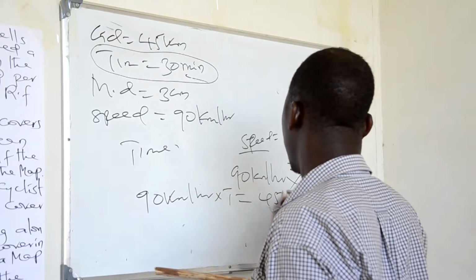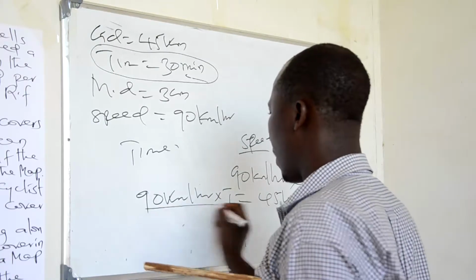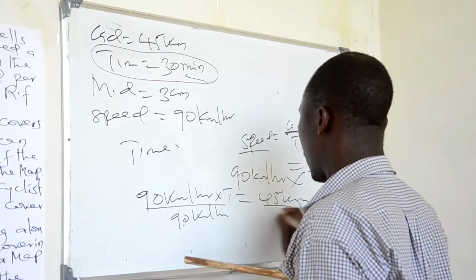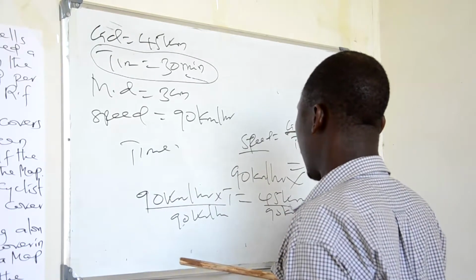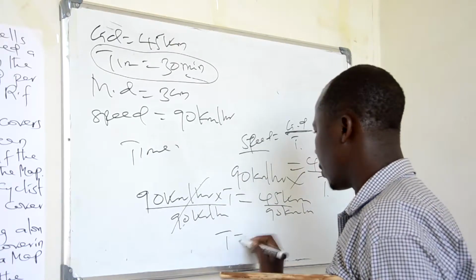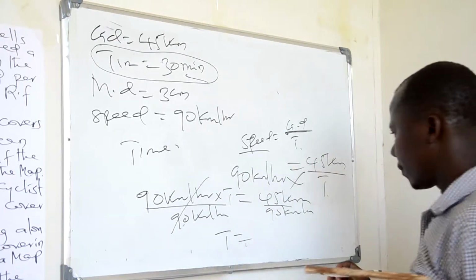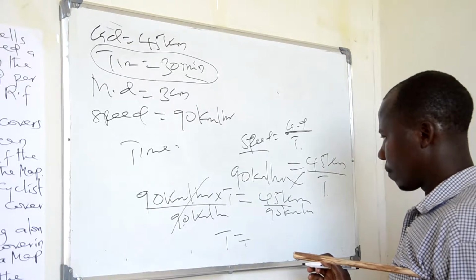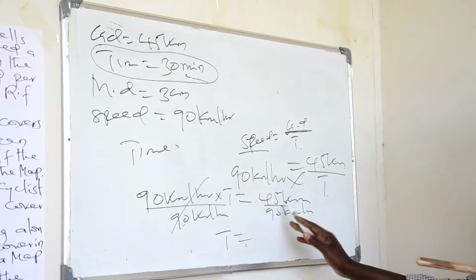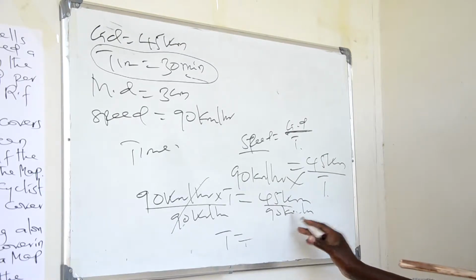We divide by 90 km/h on both sides. In the end these cancel and time remains. Therefore time is equal to 45 km over 90 km/h. Kilometer and the kilometer will be absent.